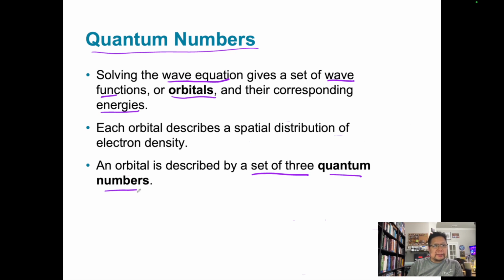One of them we already discussed, which was n, the principal quantum number. There's also two others. There's one called L, and another called M. M can actually be broken up into M sub S and M sub L, but we'll talk about those when we get there. So there are three different quantum numbers. Now let's go through and talk about each one of them in detail.